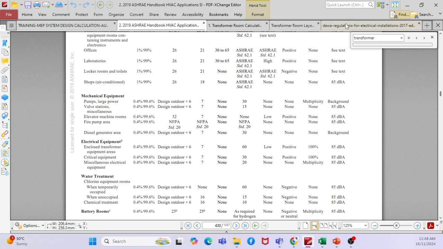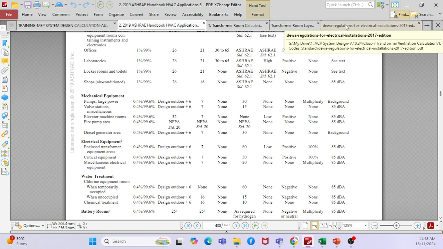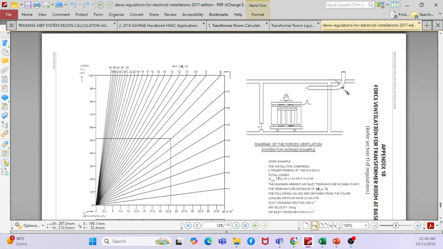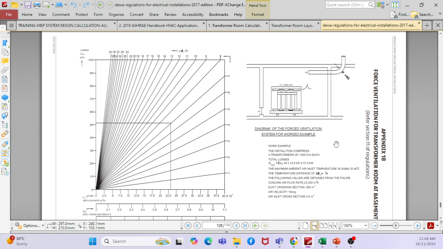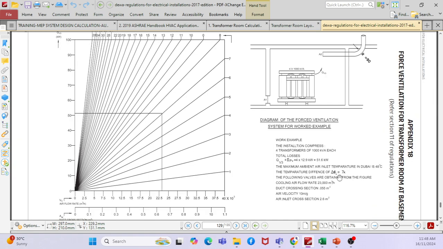Okay, but if you go to local regulations, local meaning our UAE region, these are the regulations from DEWA. Here they are saying the maximum temperature difference will be 7 degrees Kelvin, right? So if you go to our local guideline, the normal outside temperature will be 46 degrees Celsius, and how much maximum can it go?